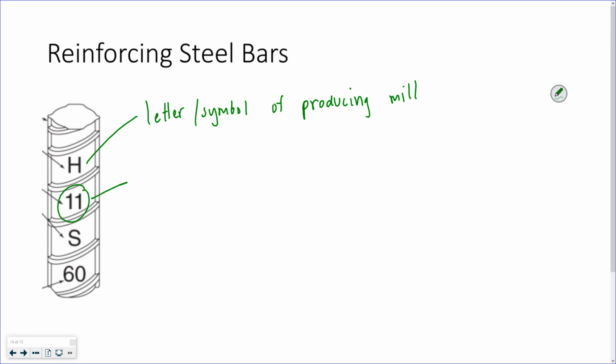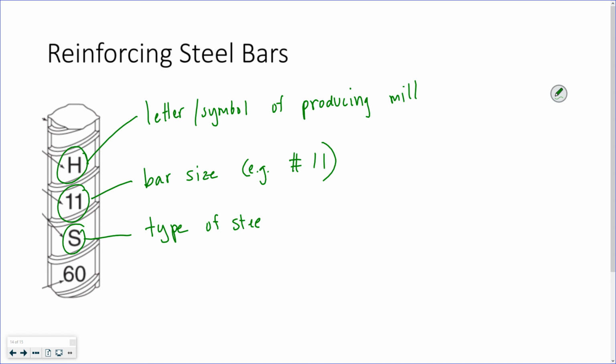Then we have our bar size. This is a number 11. This is the type of steel that was used to make the bar, the material and all that.